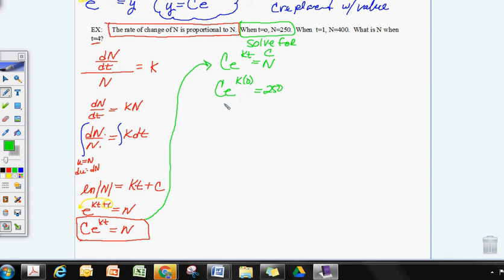Remember, anything to the 0 power is 1. C would equal 250. So now I know my equation is 250 e to the kt would equal N.